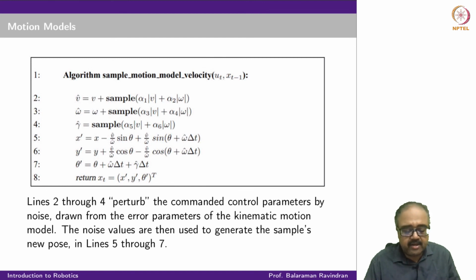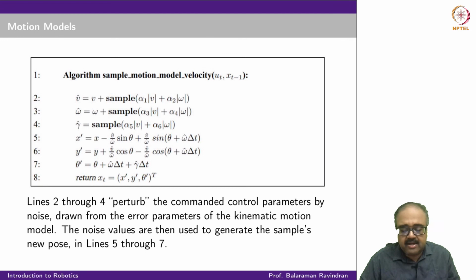So, you can think of lines 2 to 4 as doing the stochastic part of it, which is, given a v, give me a v hat, given an omega, give me an omega hat, and give me a gamma hat.